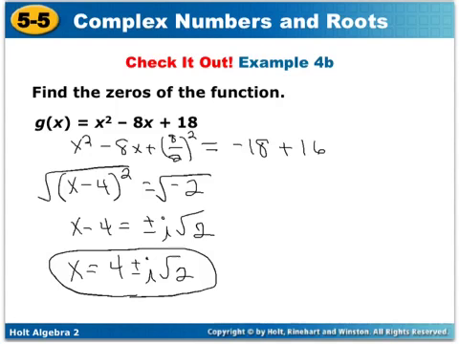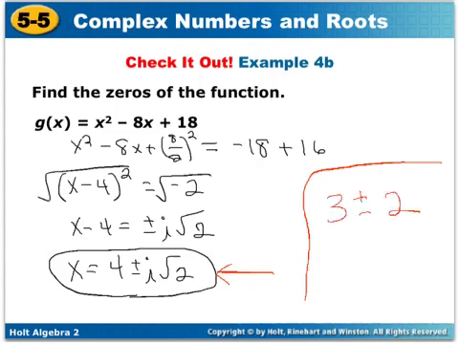We have one more thing to change colors for a sec. This right here, I'm going to read that. x equals 4 plus or minus i square root of 2. Okay, I'm going to do a little aside here. With the problems we've done in the past, sometimes you'll get something like 3 plus or minus 2.